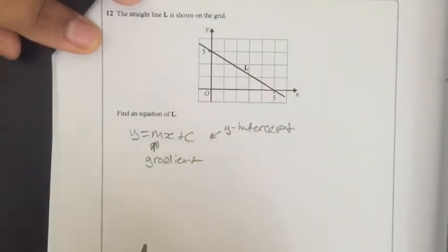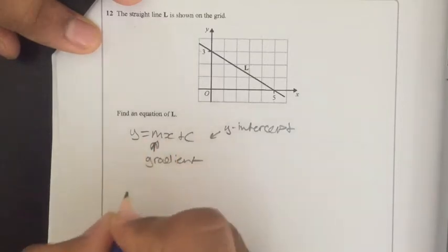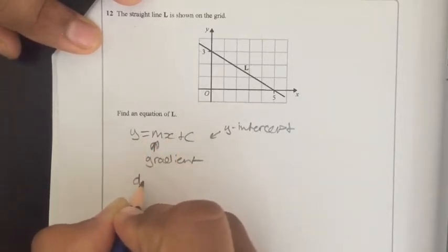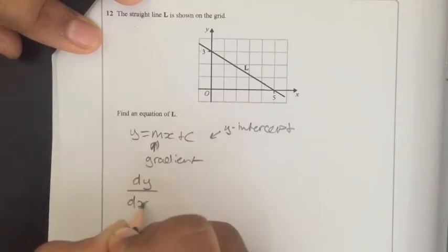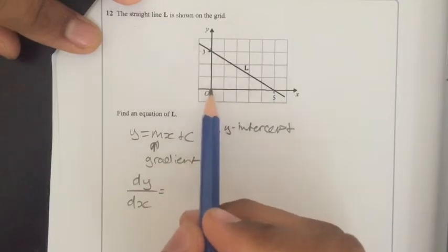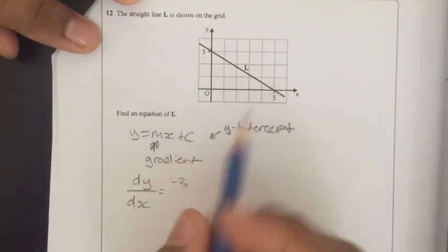Okay, so therefore, we'll do the gradient first. To find the gradient, it is difference in y over difference in x. Okay, so the difference in y is -3, as you can see, and the difference in x is +5.